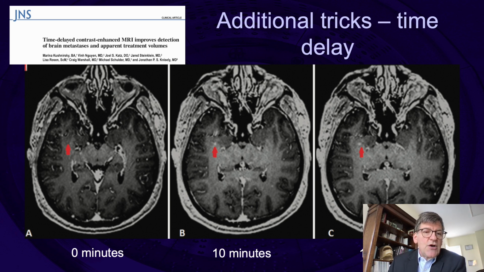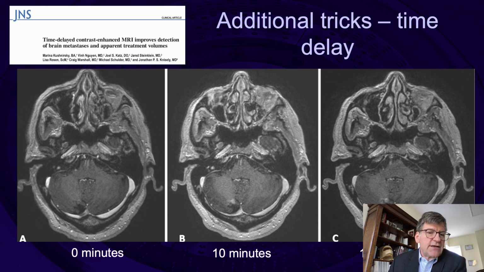So typically we wait about 20 minutes after contrast injection when we're imaging patients with multiple metastases. And here's another example with a lesion in the cerebellum which was not apparent at 0 minutes, but certainly was at 10 and 15 minutes.